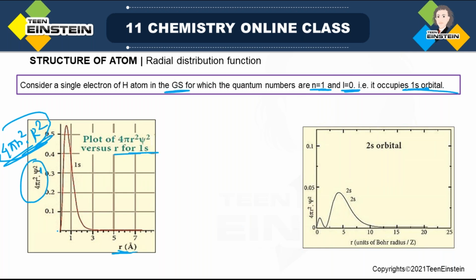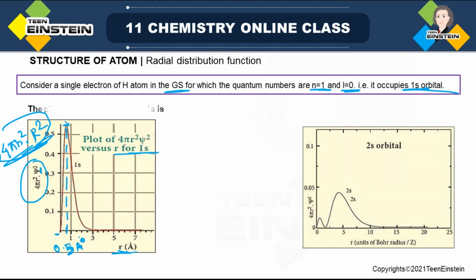As you can see, it is starting from 0 and there is a maxima you can get. If you draw a line, you will get a value somewhere here, which is around half of 1 angstrom. That means it is around 0.5 angstrom, where we are getting the maximum point.